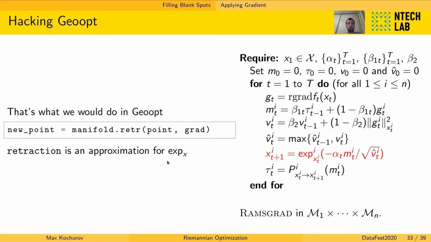In some cases, the exponential map is not available or very computationally heavy, and we want to use an approximation for the exponential map. And its approximation is called retraction. As input to the retraction, you give a point and gradient, and under the hood, it will compute the correct update, and the new point will lie on the manifold and satisfy all the constraints.